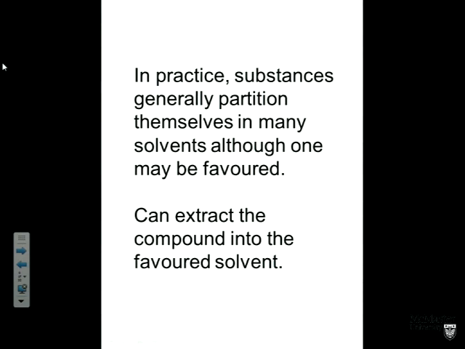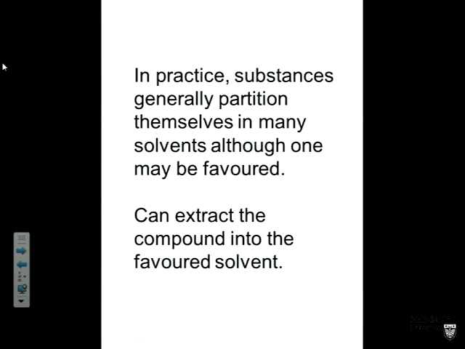So if I take a mixture of those two and I add a chemical compound, it will partition. Some of the molecules will dissolve in the dichloromethane, other molecules will dissolve in the water. And the number of molecules that we get in, for example, the dichloromethane layer depends on the polarity of the compound. We generally find that most compounds will prefer to be in one layer or the other.